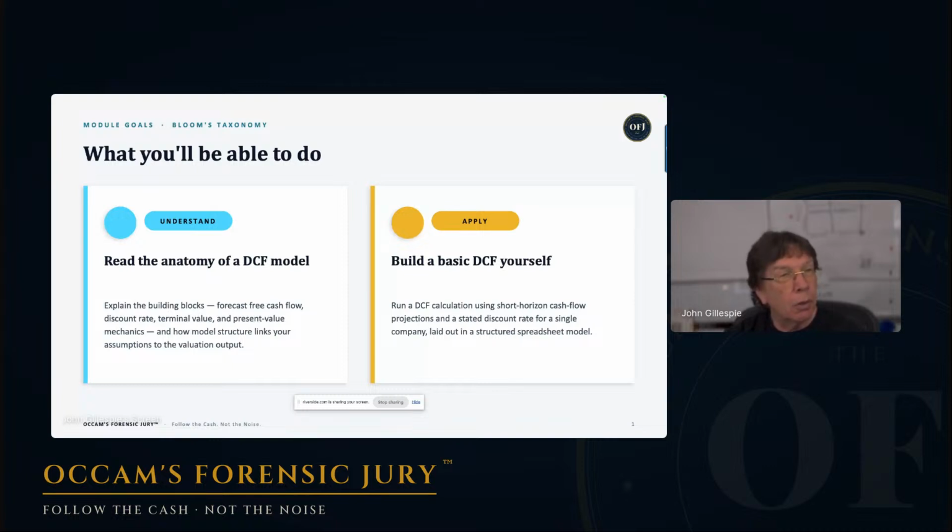And we'll show you how to run a basic DCF yourself, running the cash flow calculation using a short horizon cash flow projection and a stated discount rate for a single company, laid out in a structured spreadsheet model. This is similar to how you would do it in an MBA class taking valuation, though in the MBA class, you'd be making your assumptions for a 10-year forecast and then trying to pick what you believe a reasonable terminal rate would be.